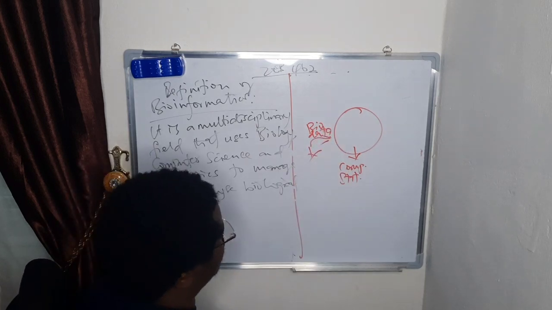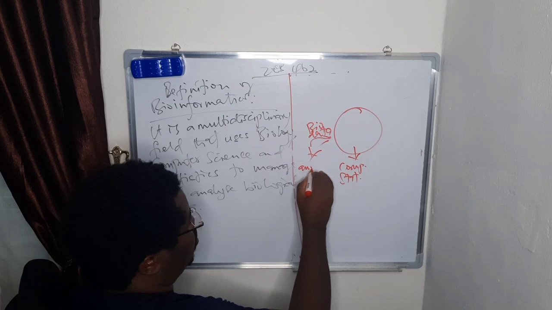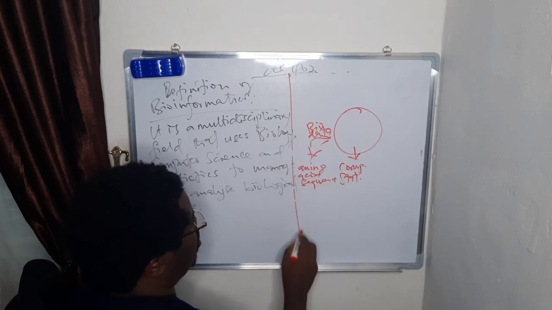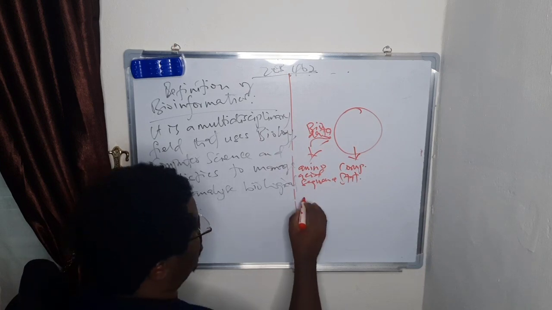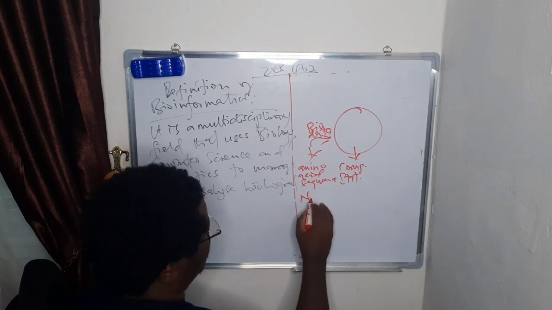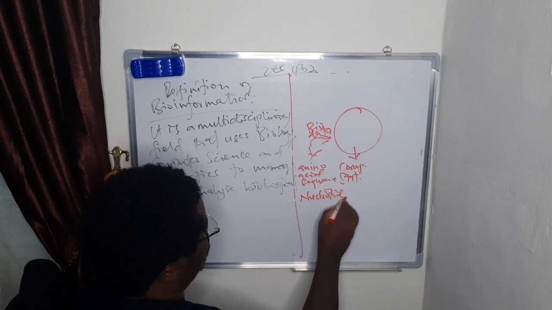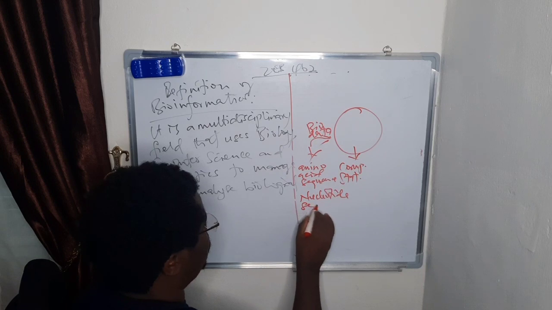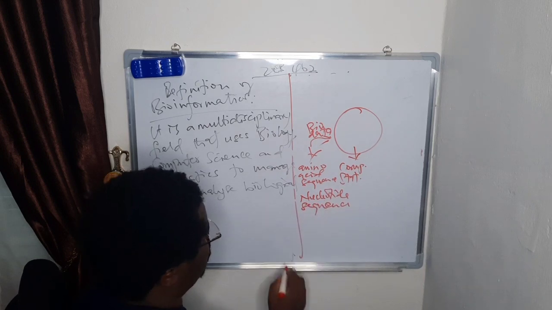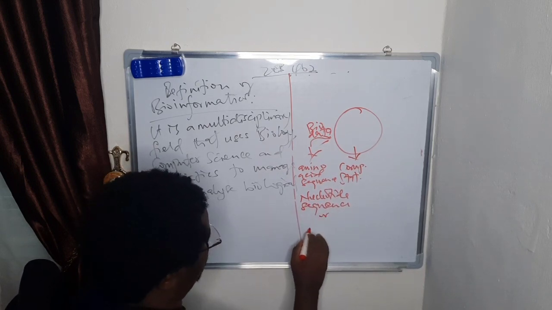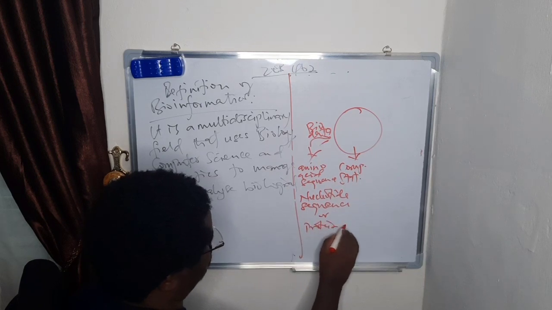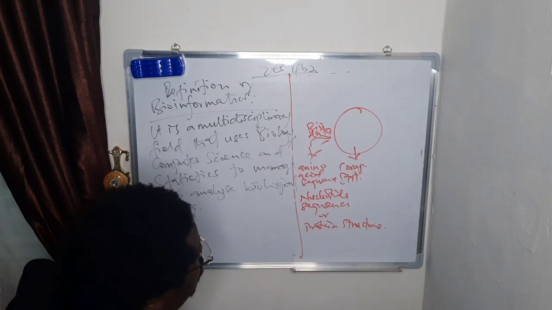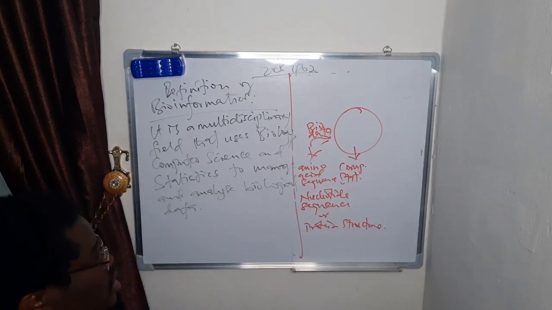This biological data can come in the form of amino acid sequence or nucleotide sequence, or protein structure, or even gene expression.